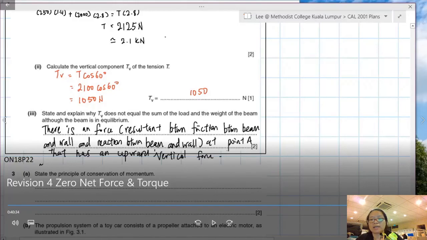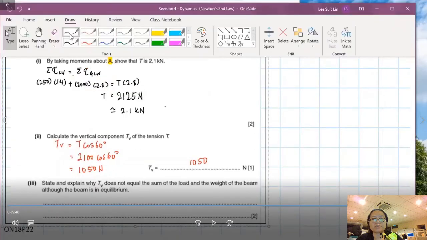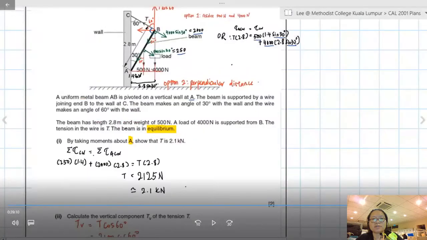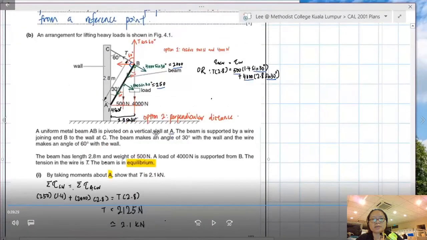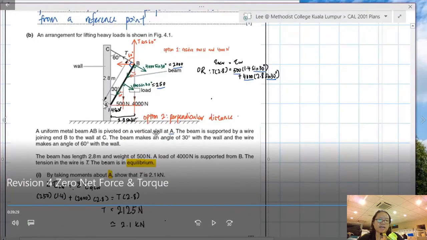So when we look back at the diagram, give me a sec to rewind, there we go, you can say that the vertical component of FA is equal to 4500 minus T cos 60.